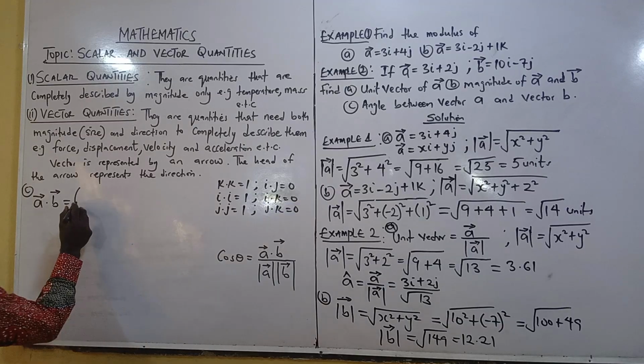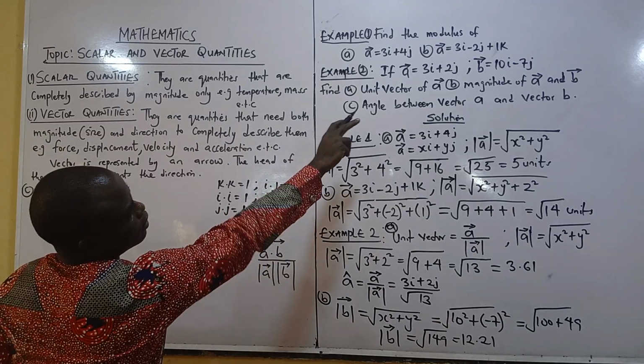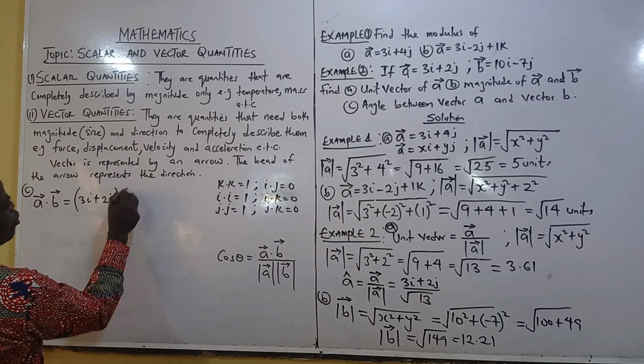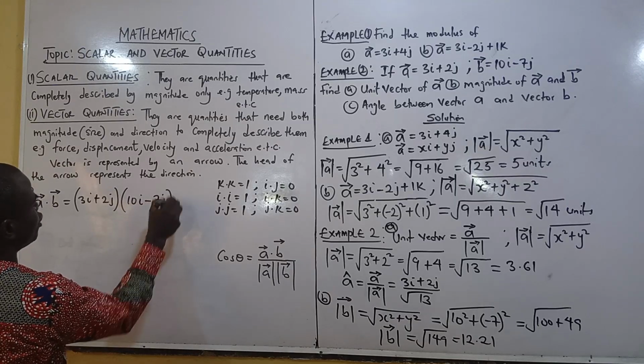What's our A? Our A is 3i plus 2j multiplied by 10i minus 7j.